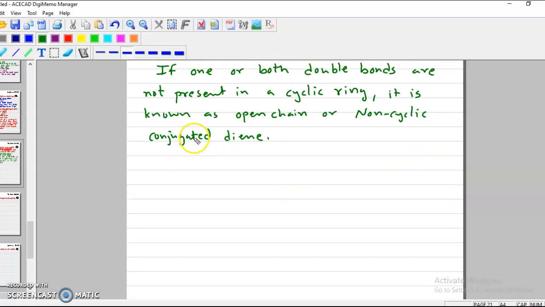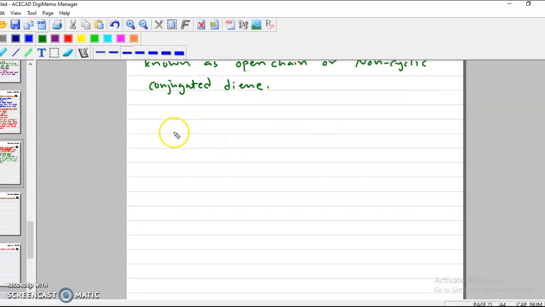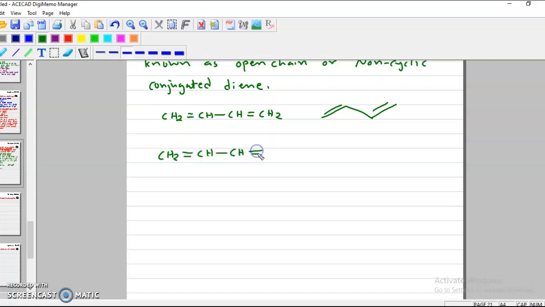For example, CH2 double bond CH, single bond CH, double bond CH2, or it can be written in bond line formula. These two are the same, 1,3-butadiene. Or maybe CH2 double bond CH, single bond CH, double bond C, and this carbon may be part of a ring.